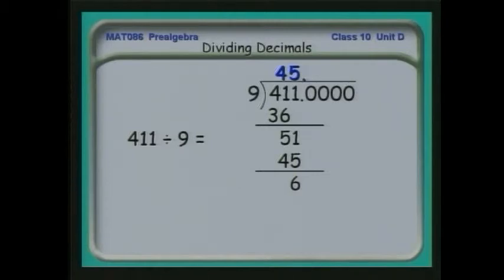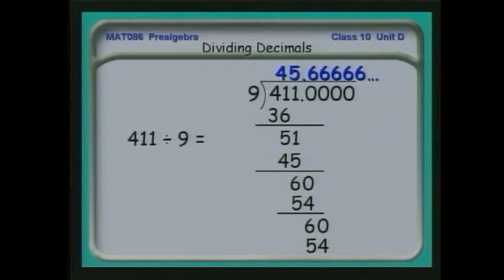Going to put the decimal point directly above it, bring down the 0, and try 6. I see that's 54. If I do that subtraction, I get another 6. Bring down the 0. I get another 6. Bring down, it's 54. And notice what's going to happen. I'm going to get a repeating decimal that's going to give me 6s out as far as you can go.